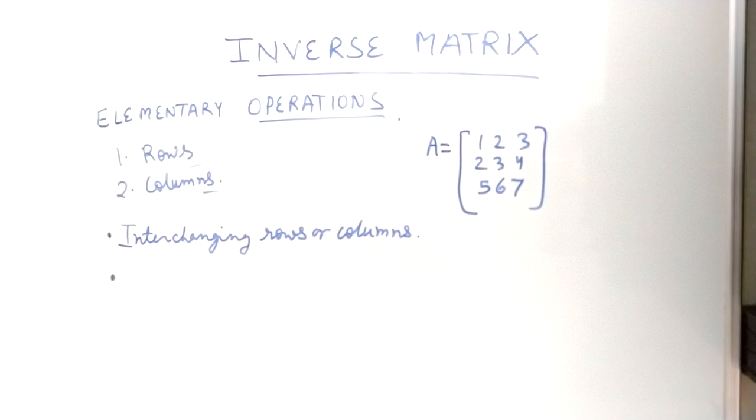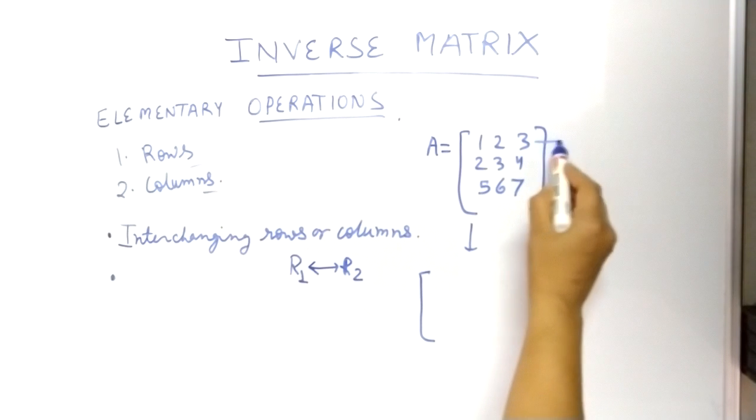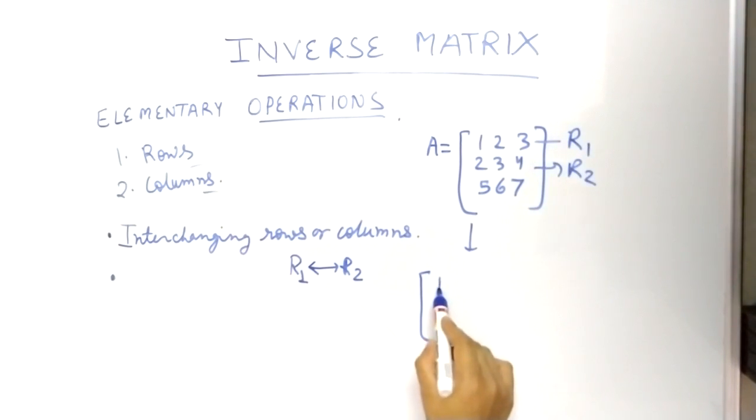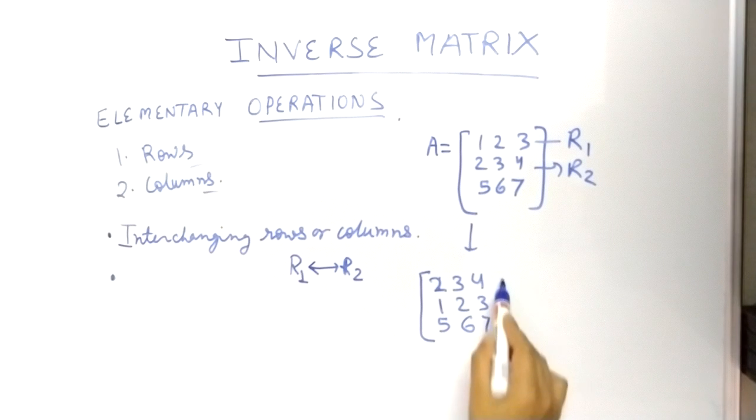Suppose we are changing R1 with R2. This is your R1 and this is your R2. So in the place of R1 we can write R2, so it will be 2 3 4, and here it will be 1 2 3, and 5 6 7 will come as it is.